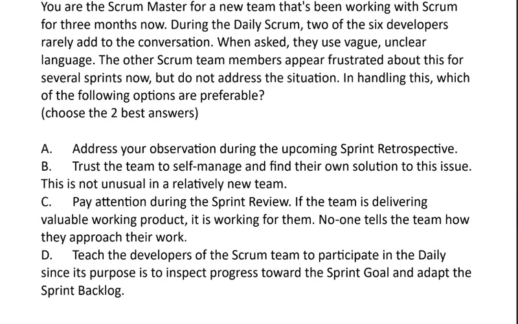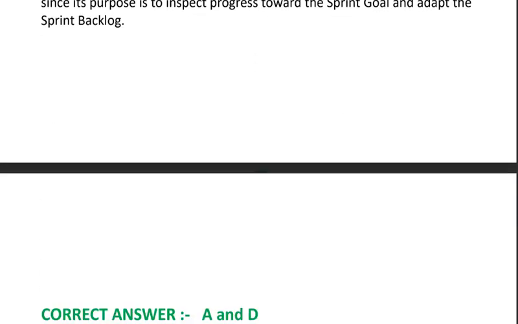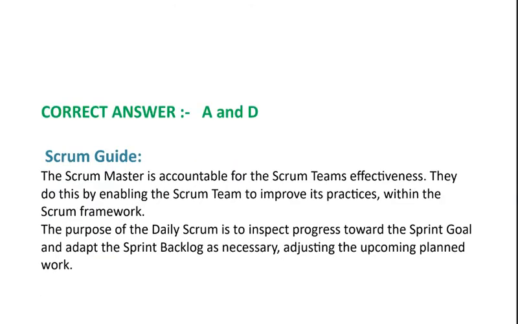No one tells the team how they approach their work. Option D, teach the developers and the Scrum team to participate in the daily Scrum since its purpose is to inspect progress towards the sprint goal and adapt the sprint backlog. Correct answer is option A and option D.